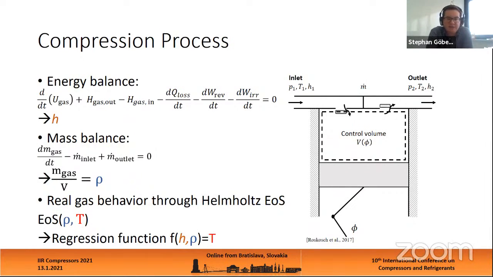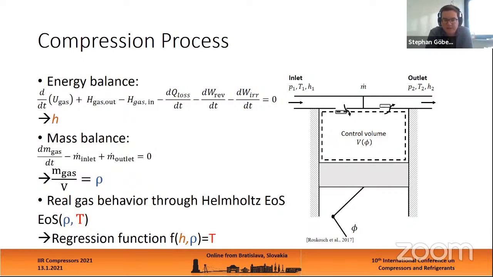And the energy balance then takes into account the loss energy and the friction work. And usually you can then calculate the enthalpy of the fluid. With the mass balance, of course, you get the actual amount of fluid inside the control volume.